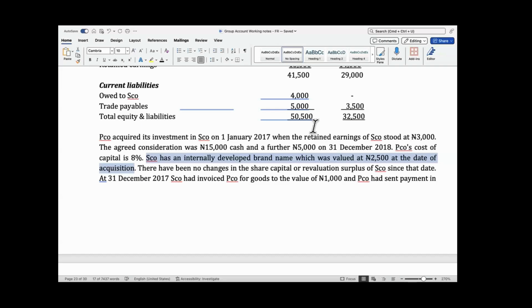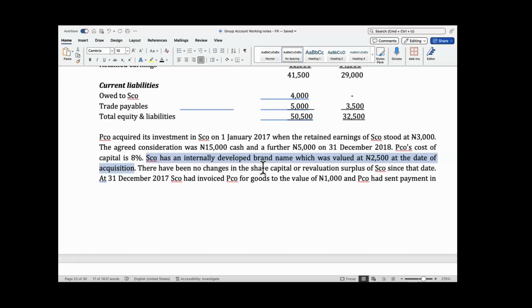Is there anybody in this class that can speak to that? Which standard? Goodwill, that is... It's not even goodwill. I don't know why you're mentioning goodwill. They say brand name, you're saying goodwill.